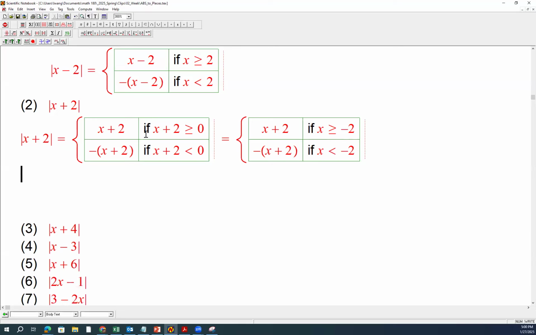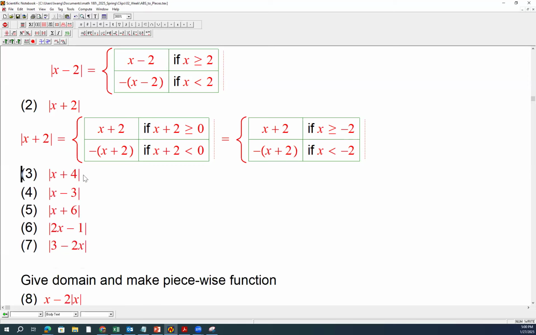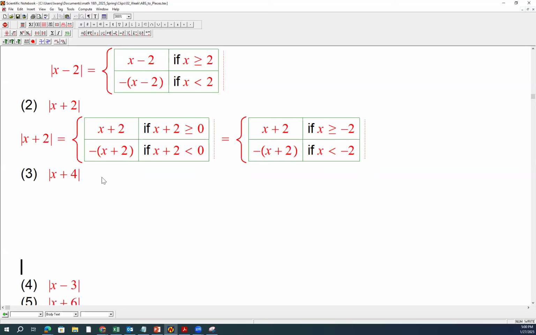Continue this process. As you can see, -2 is the number that makes x plus 2 equal 0, right? And so before -2 and after -2, the sign of x plus 2 changes.